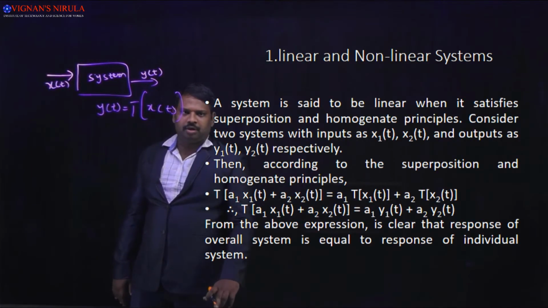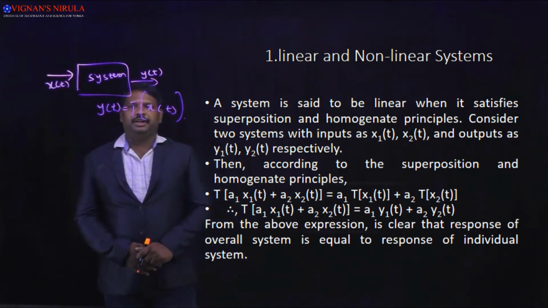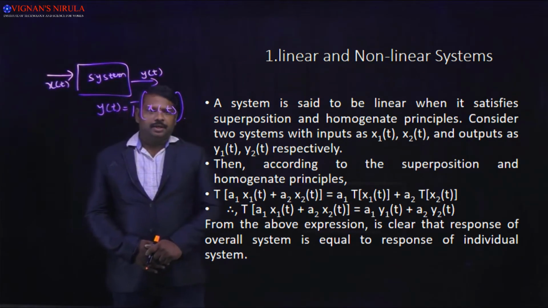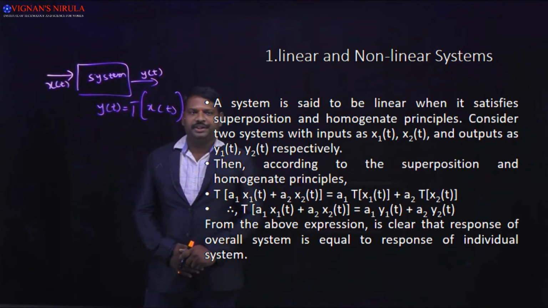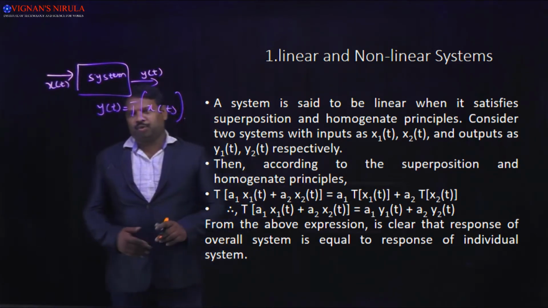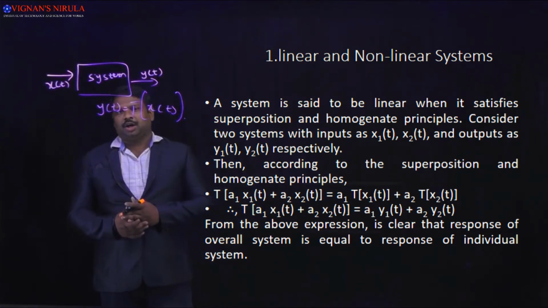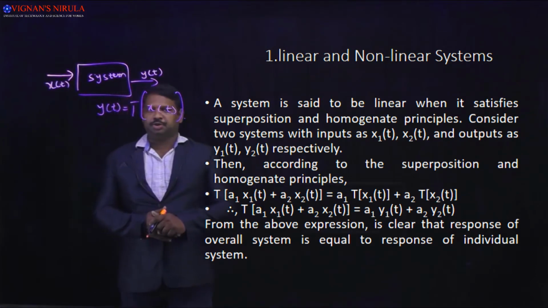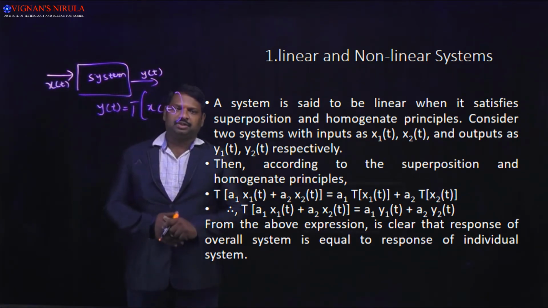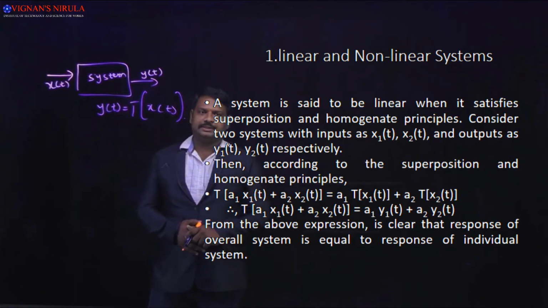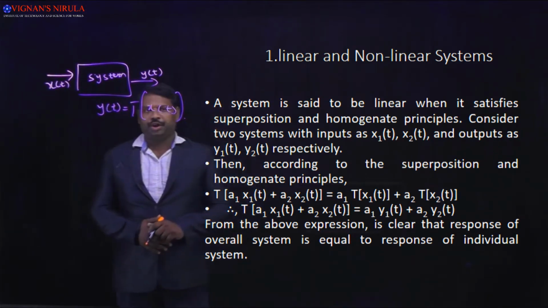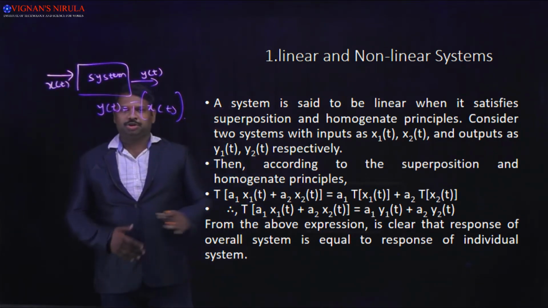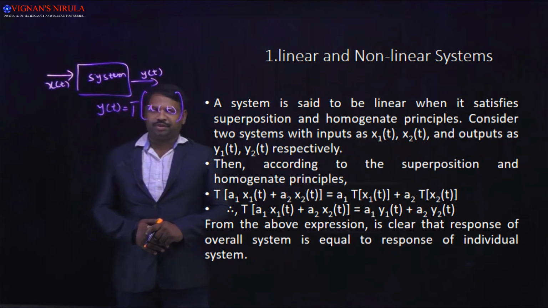Next, we will start with linear and non-linear systems. Basically, a system is linear when it satisfies the superposition and homogeneity principles. Let us first consider the signals x1 of t and x2 of t, which produce the outputs y1 of t and y2 of t respectively.